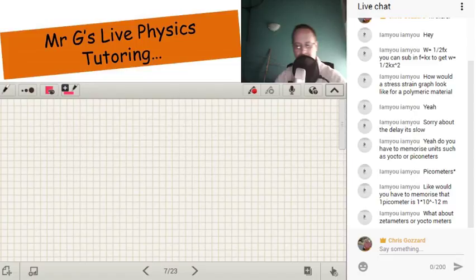Oh, is it 10 to the minus 24? This is what Wikipedia is telling me. A yoctometer, 10 to the minus 24. I've never heard of it. What about the other? Zeta meter. Let me Google that one as well.